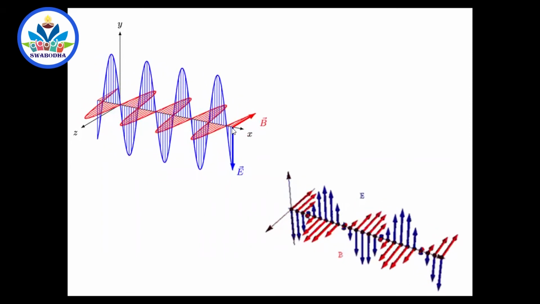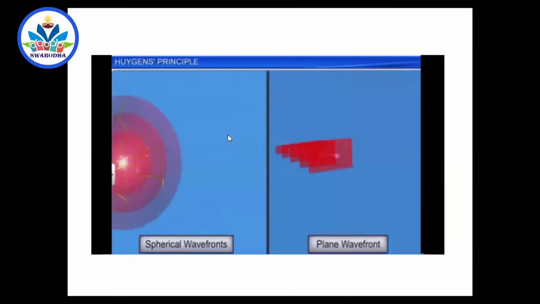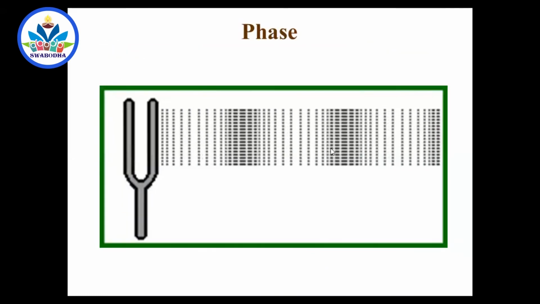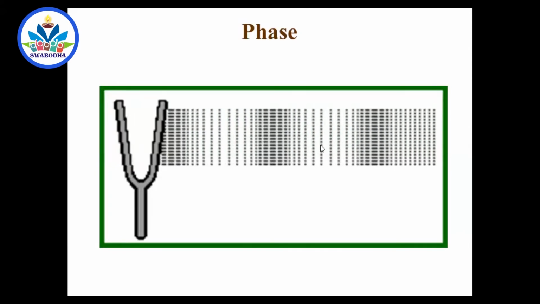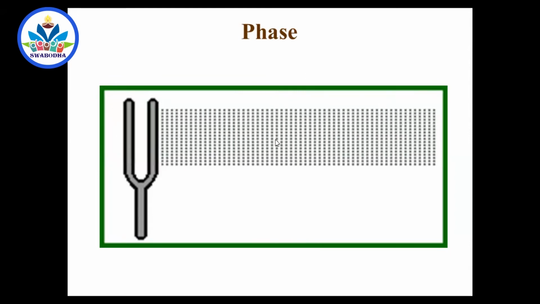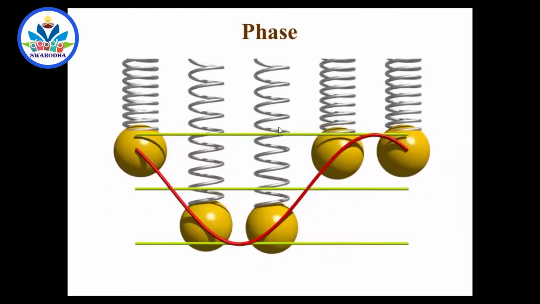So it keeps on changing. Only when you have a change like this can you have a wave. So here also, you can see this. When the particles vibrate, when they produce compression, when they produce rarefaction, we get a wave. Okay, we will move on to the transverse wave. You see, this is a picturization of a transverse wave.